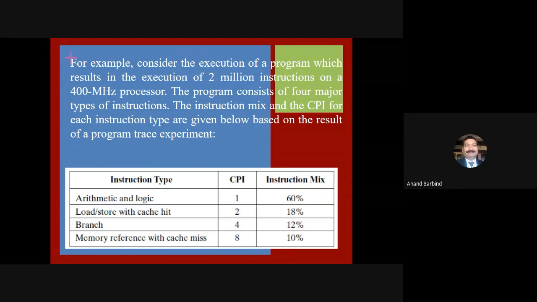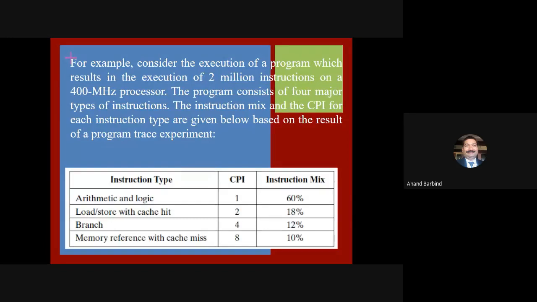The processor was submitted to execute a program consisting of 2 million instructions, operating at 400 megahertz, and there are four major types of instructions, and the instruction mix is given in this particular table. Four types of instruction. The CPI for these types of instructions are 1, 2, 4, and 8, whereas the instruction mix is 60%, 18%, 12%, and 10%.